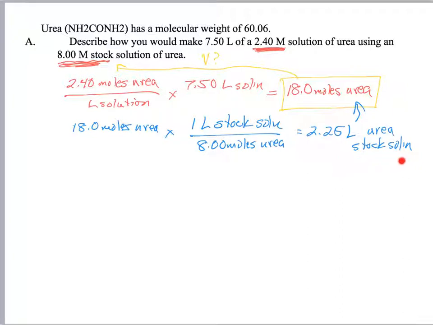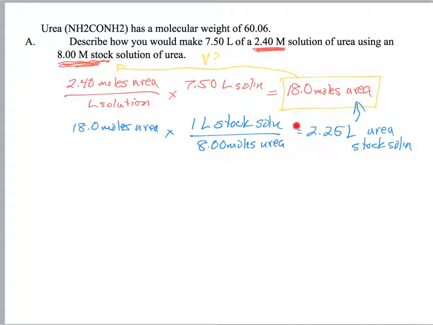Now, note, here I'm making a solution of high concentration, and so it makes sense to measure this large volume in liters. If you're making a solution where this volume came up less than 1 liter, it would make most sense to convert the liters to milliliters, because you have to think about, in the lab, how are you going to measure this?